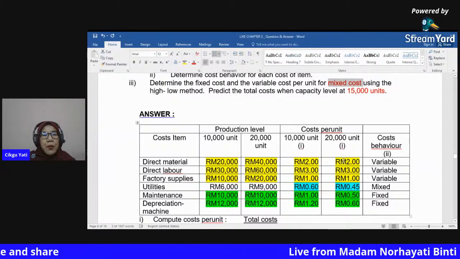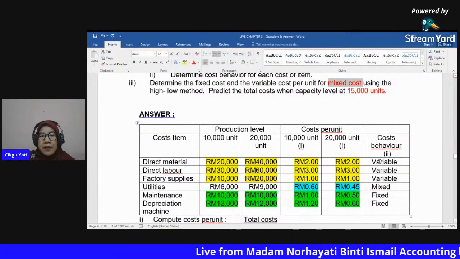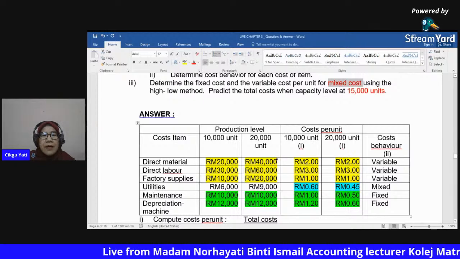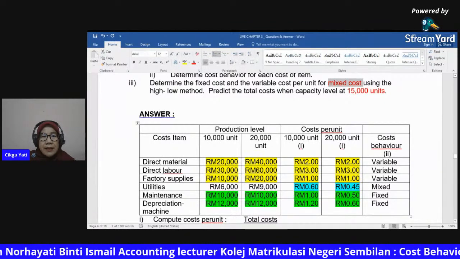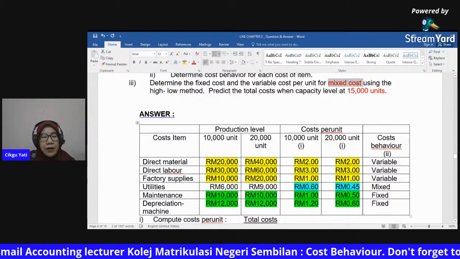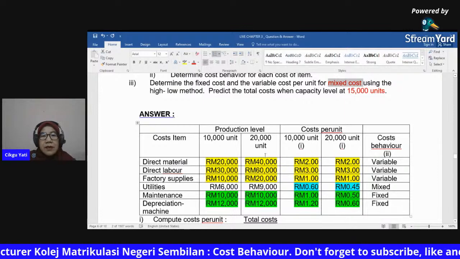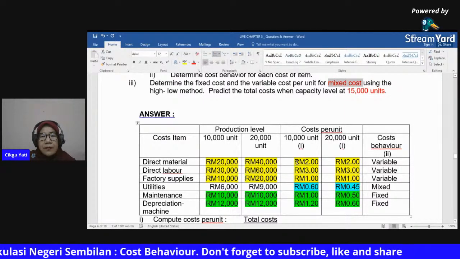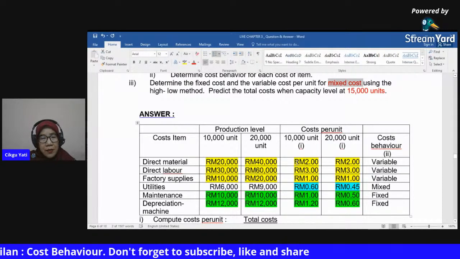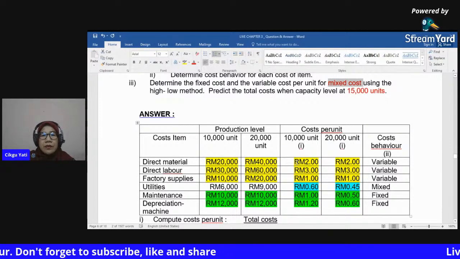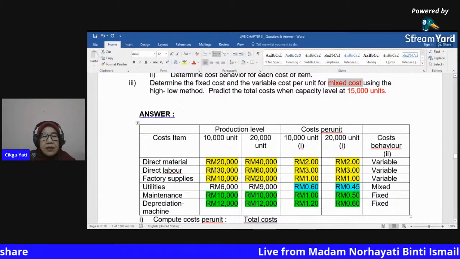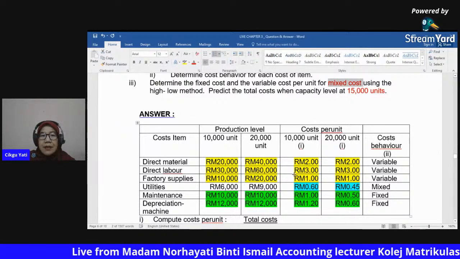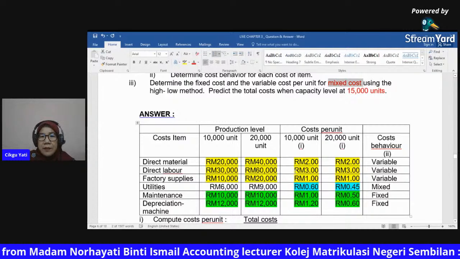So that one we know is variable cost, based on cost per unit and based on total. The total increases, but the variable cost per unit remains constant. That is the concept for variable cost per unit. For direct labor also, you can see the total increases when the level of output increases, but the cost per unit remains constant.